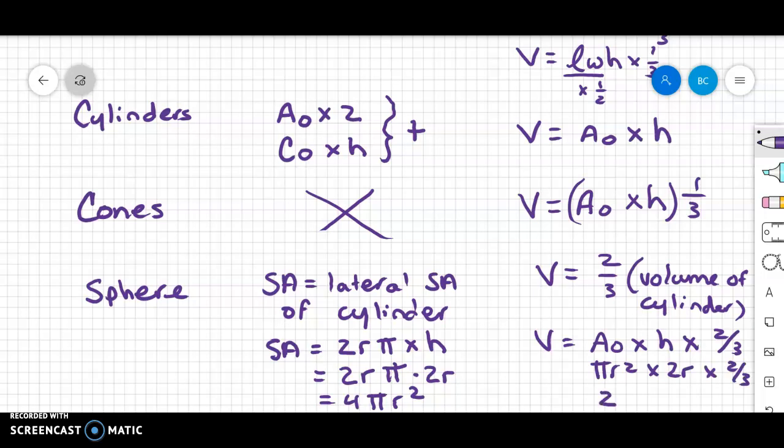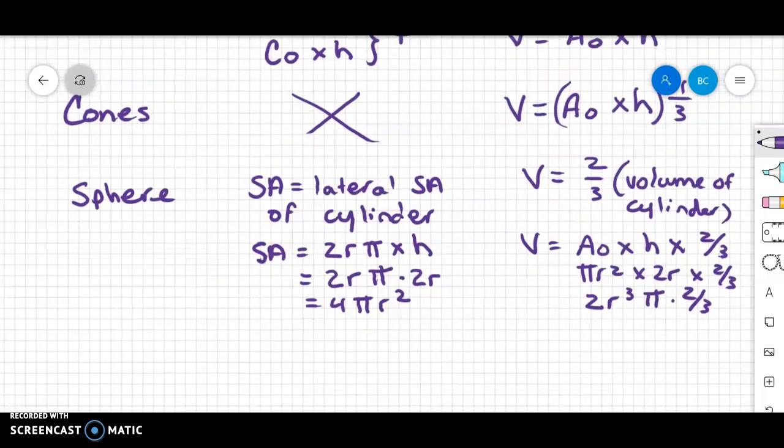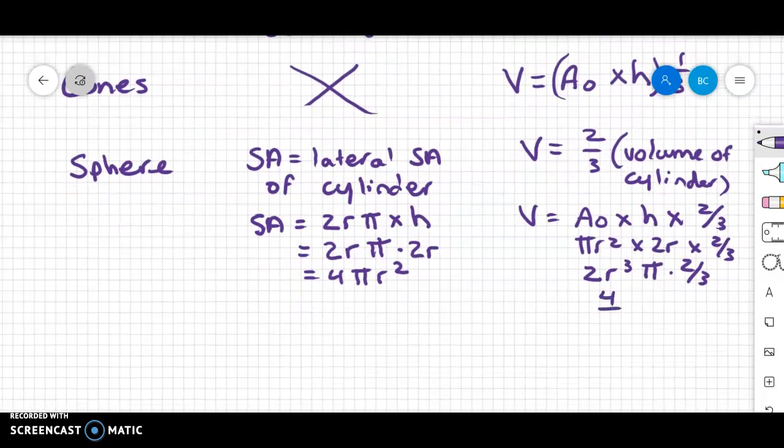So we've got 2 r cubed times pi, and then that's all times 2/3. So 2 times 2/3 equals 4/3 the radius cubed times pi. And that's my final formula for the volume of the sphere.